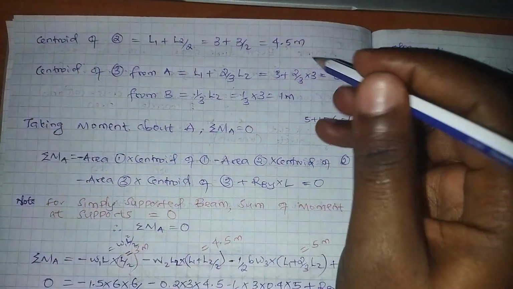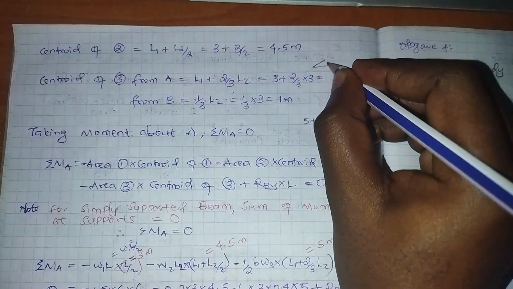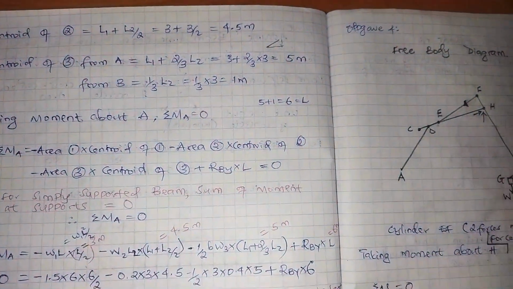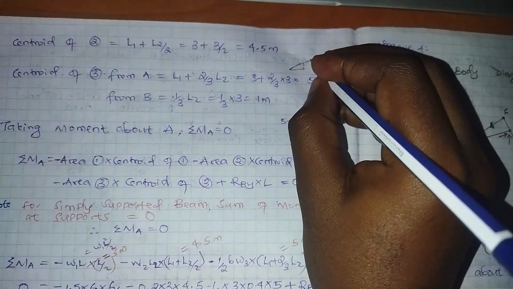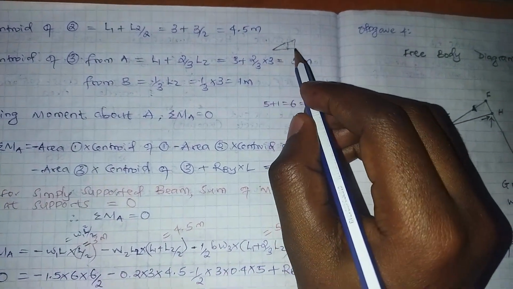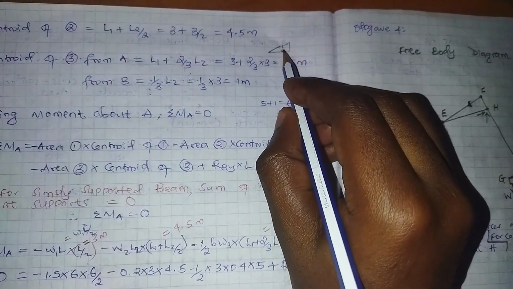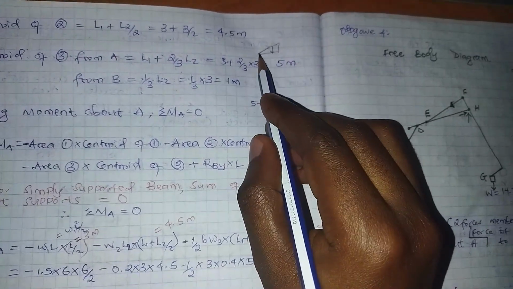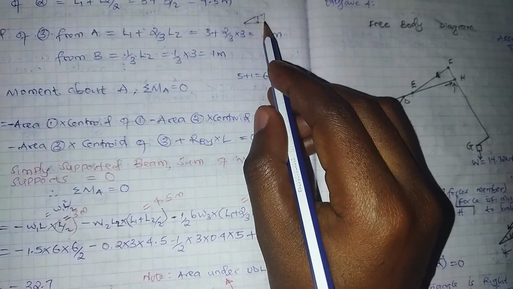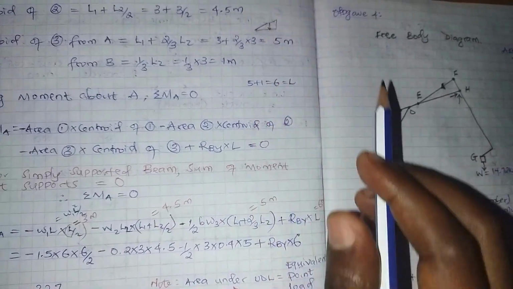If the direction is from the sharp end going this way, it is at 2 over 3 of this length. But if you're coming from this side going this way, it would be 1 over 3 L. So 1 over 3 is going to be here, and 2 over 3 from here is where this distance is longer. And this one is 1 over 3, that is why it is shorter, but it is coinciding.